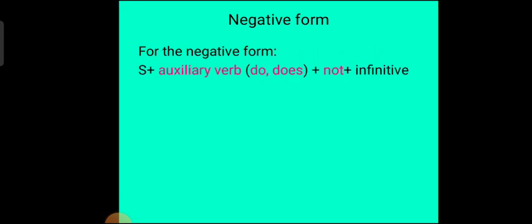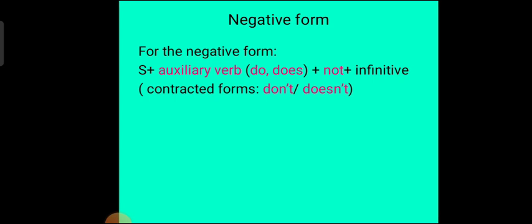Okay, let's talk about the negative form. How can I make the negative form of the present simple tense? Here, do or does, plus not, plus the infinitive.